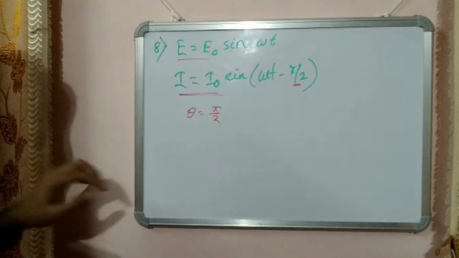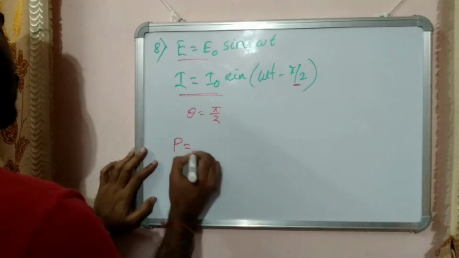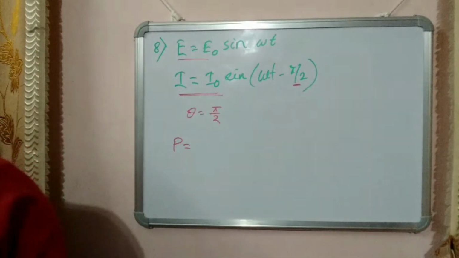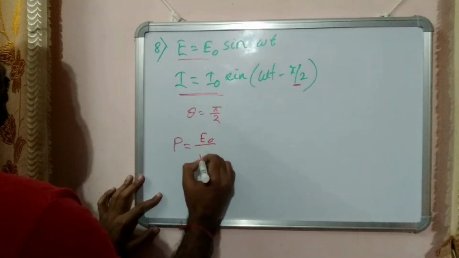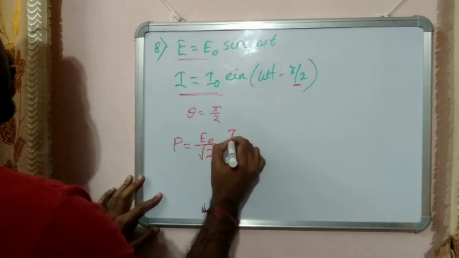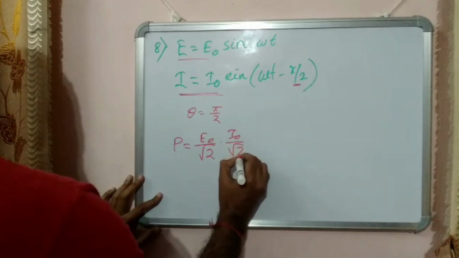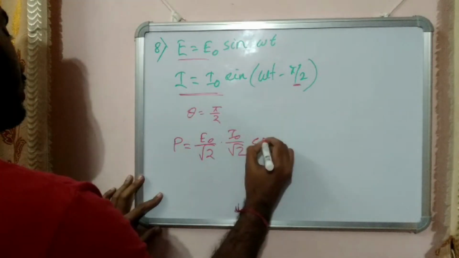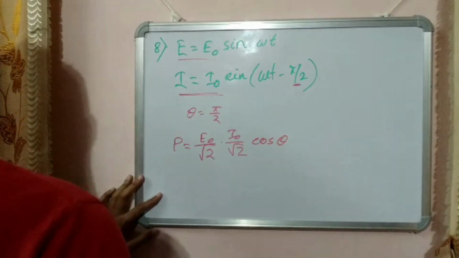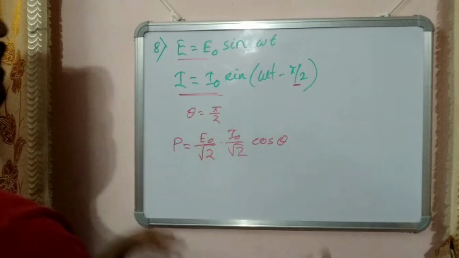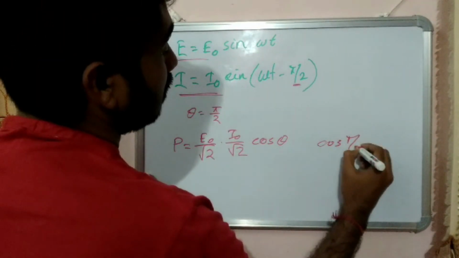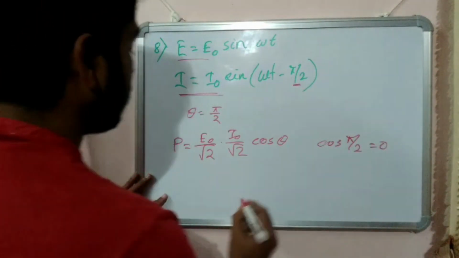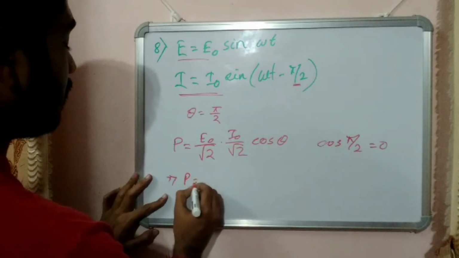So from the formula of power, we have to calculate power. P equals E0 by root 2 into I0 by root 2 cos theta. So theta is equal to pi by 2 and cos pi by 2 is equal to 0. So P will become 0.